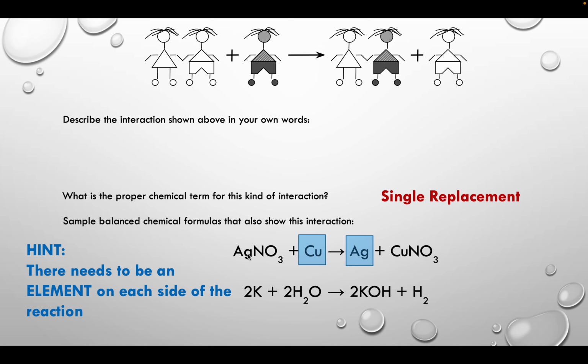That tells you that's a compound. But this guy, one capital letter, one capital letter. So they are elements, and this is a compound. In order to be single replacement, you have to have an element on both sides. So in the second example, you've got the K and the H. Those are elements.